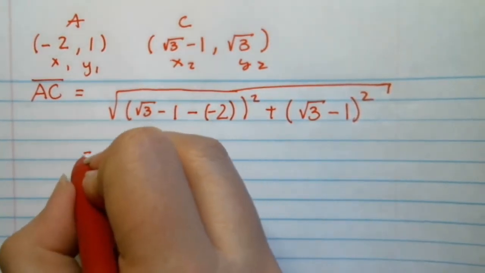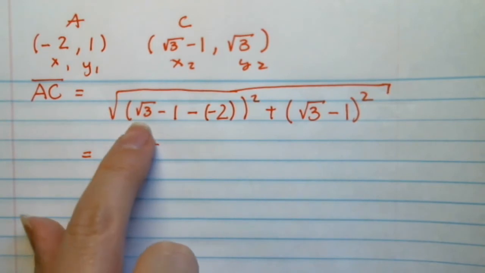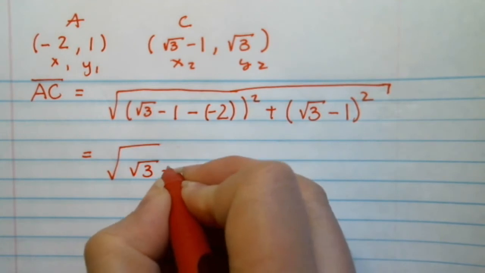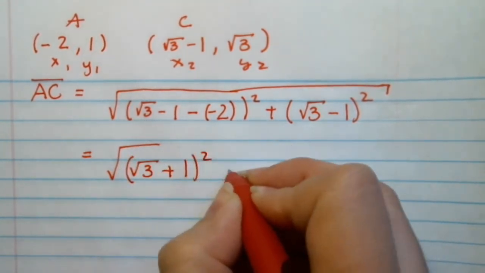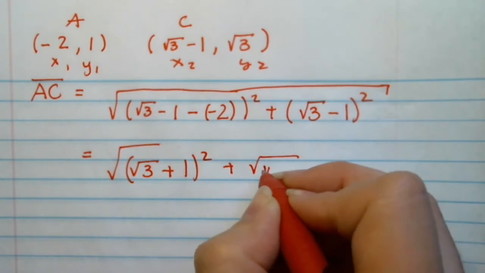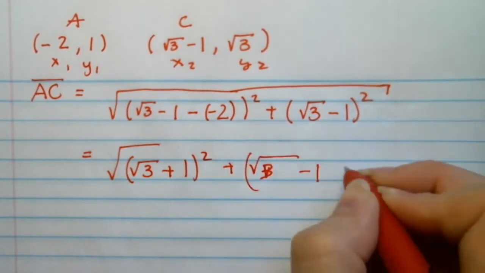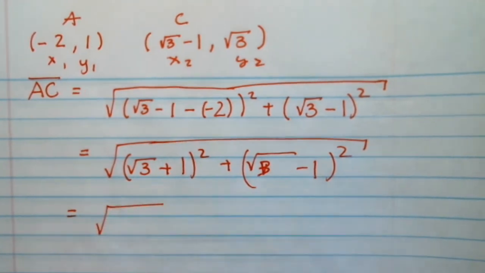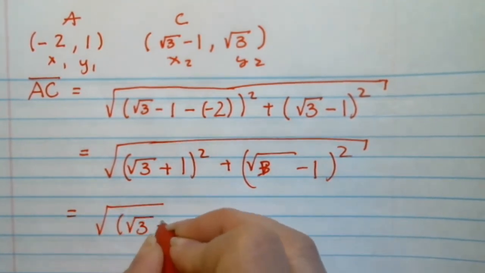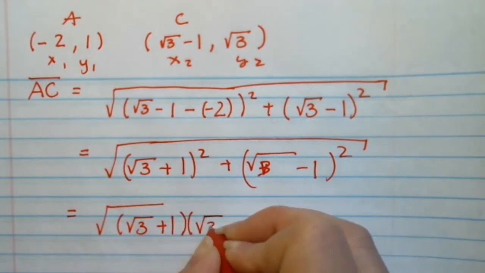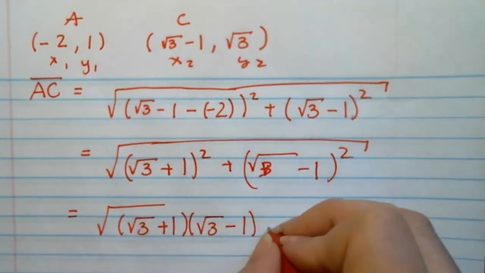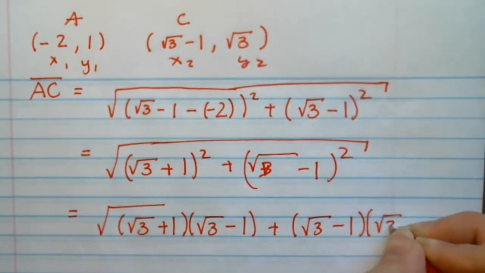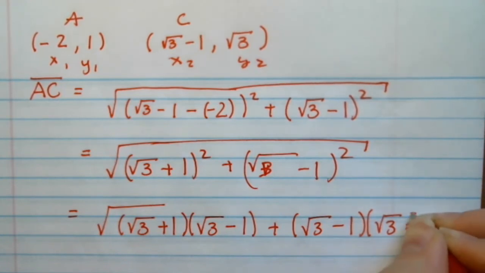So this is going to be the square root of (root 3 minus 1 plus 2, which would be root 3 plus 1) squared, plus (root 3 minus 1) squared. So we're going to square these out.